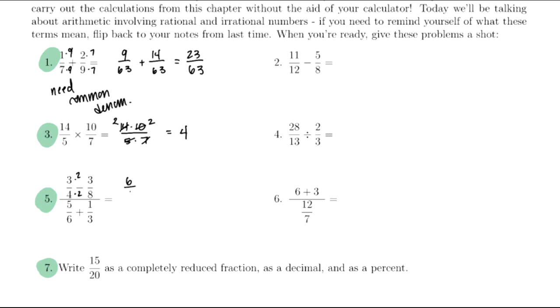So I've got 6 over 8 minus 3 over 8. That is over, I'll multiply these by 2 as well to get a 6 as a common denominator there. So 5 sixths plus 2 sixths. So 6 minus 3 is 3, so I have 3/8 on the top. On the bottom I have 7/6.